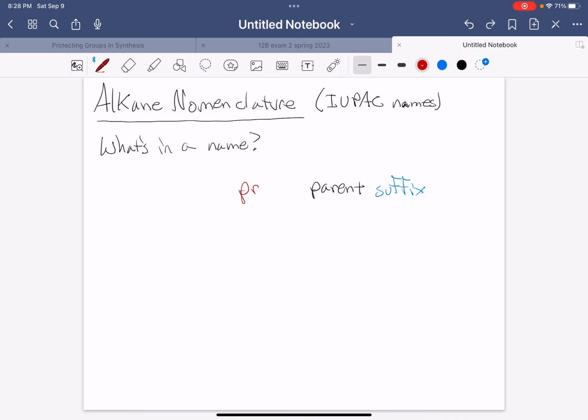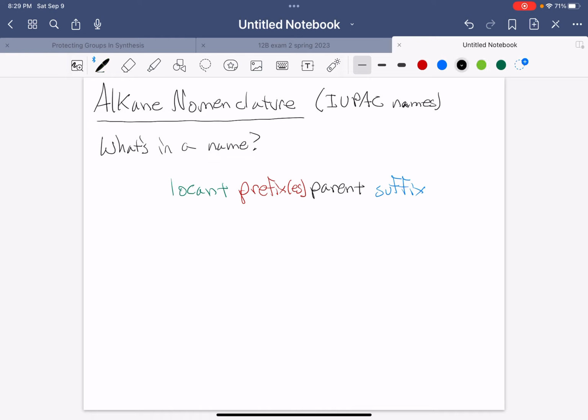And then we will also have a locant. So our locant is, well, no, we'll start with the parent.